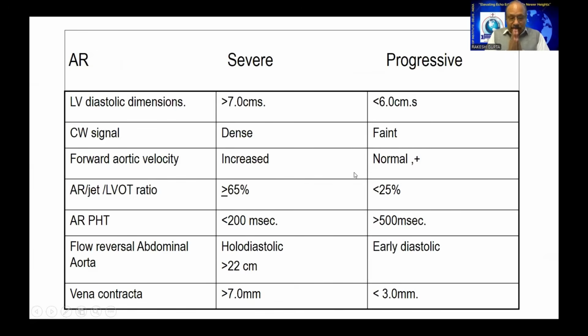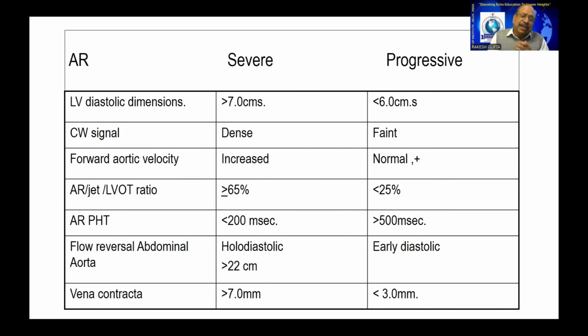So if I have to comprise and concise all these things: Plax window, jet width height over LVOT height. Same window, vena contracta. Same window, LV dimensions during diastole. Then go to 4-chamber, 5-chamber or 3-chamber view.